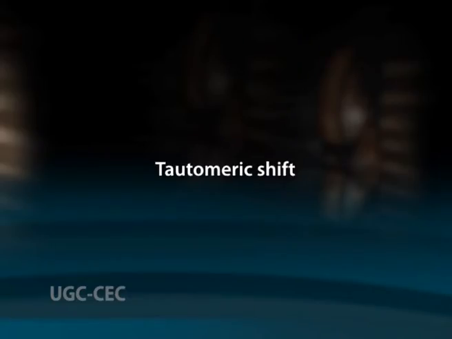Tautomerization. Tautomerism is the phenomenon in which two isomeric forms of a molecule exist in equilibrium. In the case of DNA, there occurs a reversible redistribution or shift of electrons and protons or hydrogen atoms in the nitrogenous base. It is called tautomeric shift.